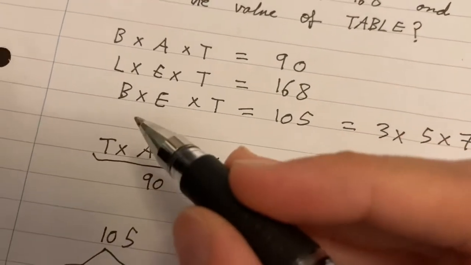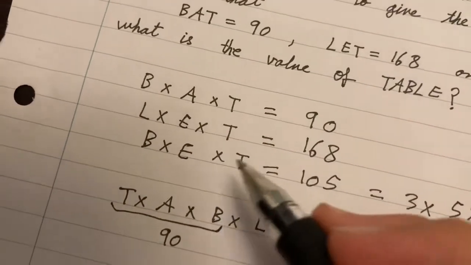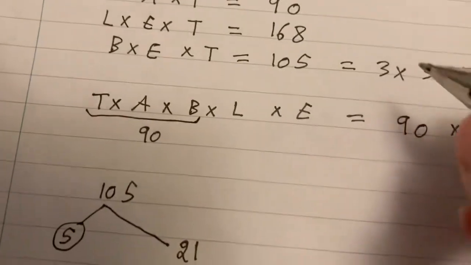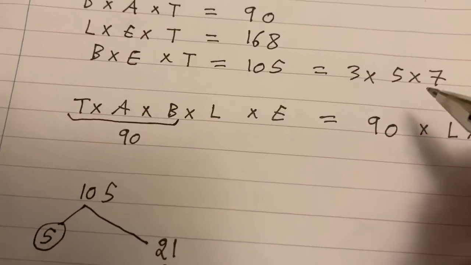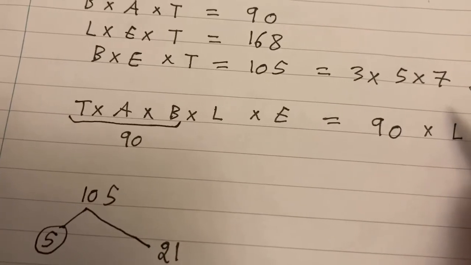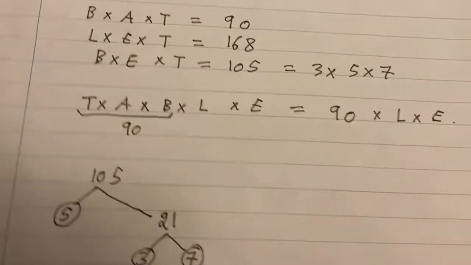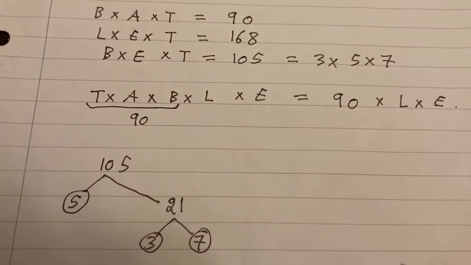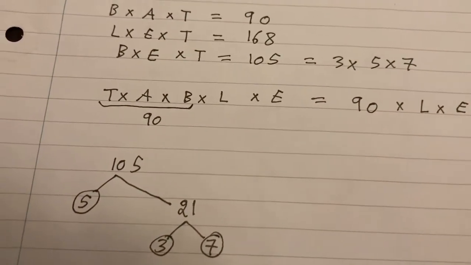So L must be an even number, and E and T are odd numbers, which could be either 5 times 3, or 5 times 7, or 3 times 7. So we need to check which one of them is a factor of 168.